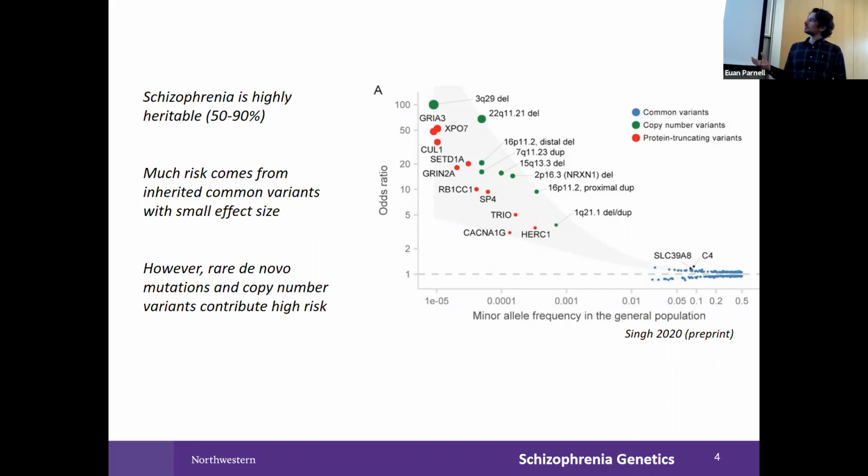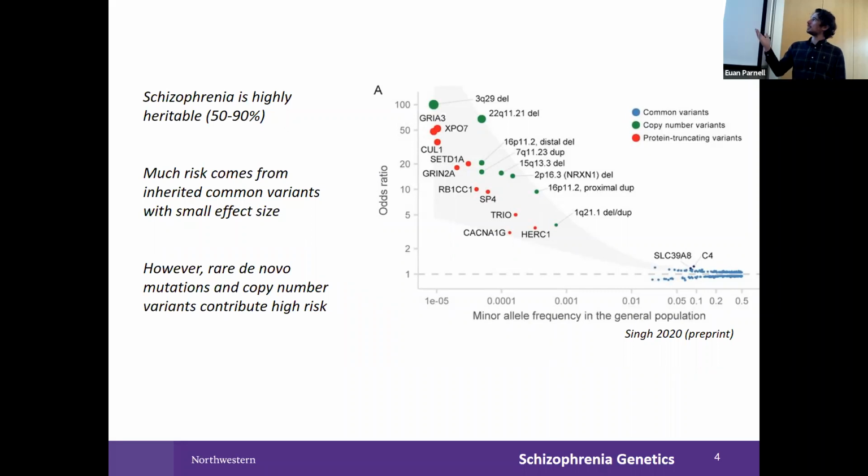And here on the graph, we have the effects of that inherited risk. On the left here, you have all these common variants, which confer very low risk, but there's huge numbers of them. Some estimates are up to 10,000 single mutations can contribute towards a risk for schizophrenia.